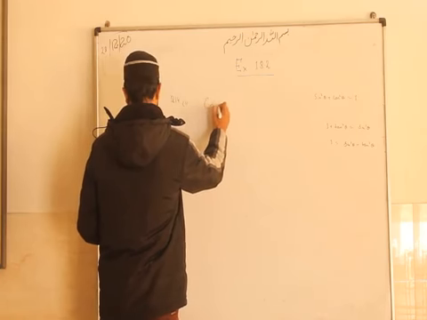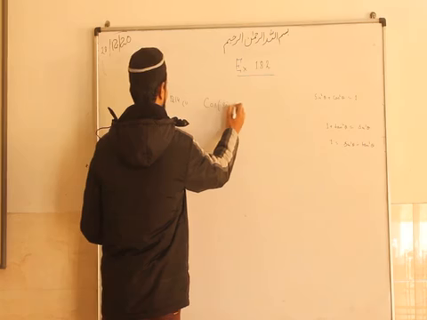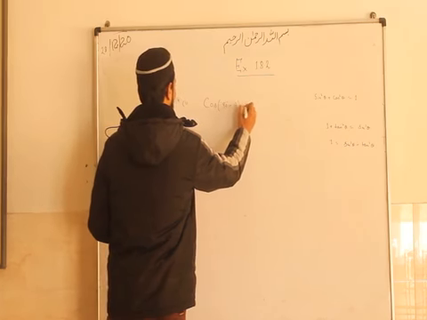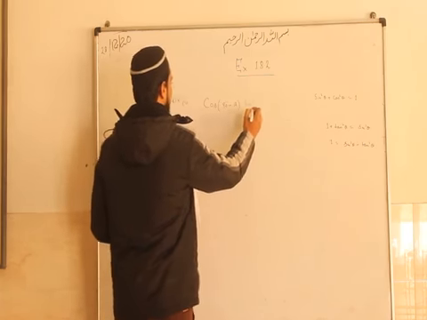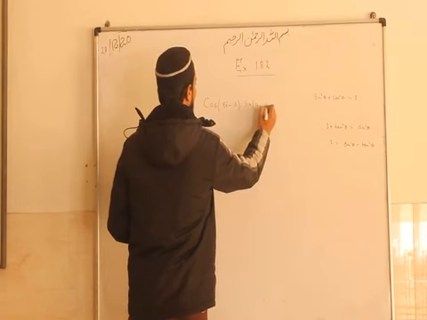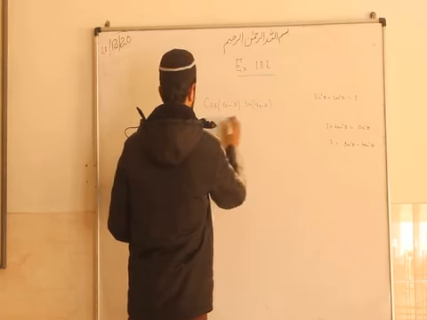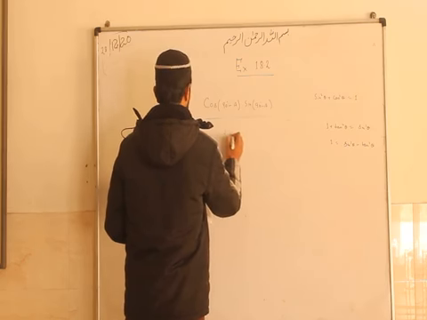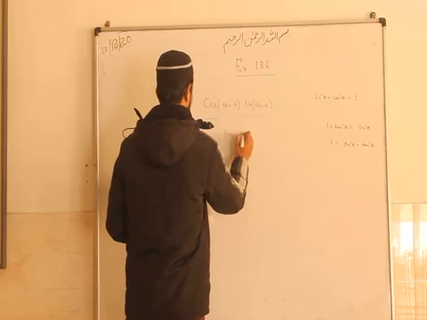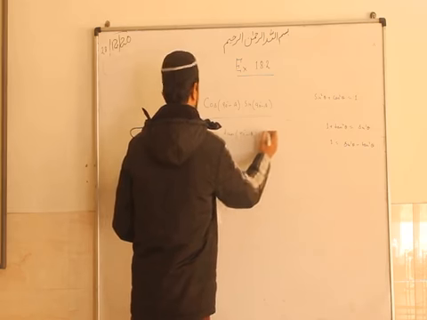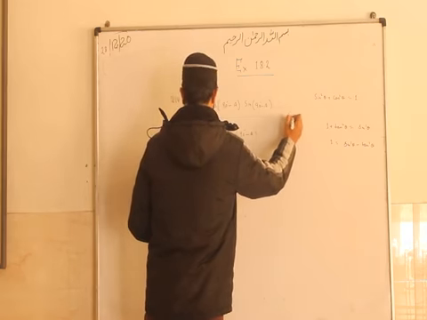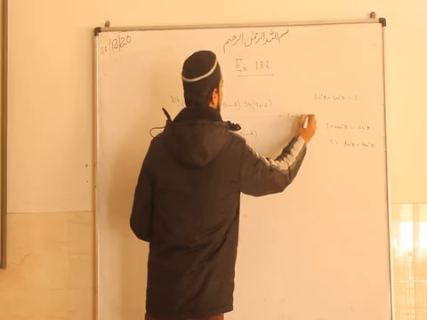Here cos(90 minus a) times sin(90 minus a) divided by tan(90 minus a) is equal to 1 minus cos square a.